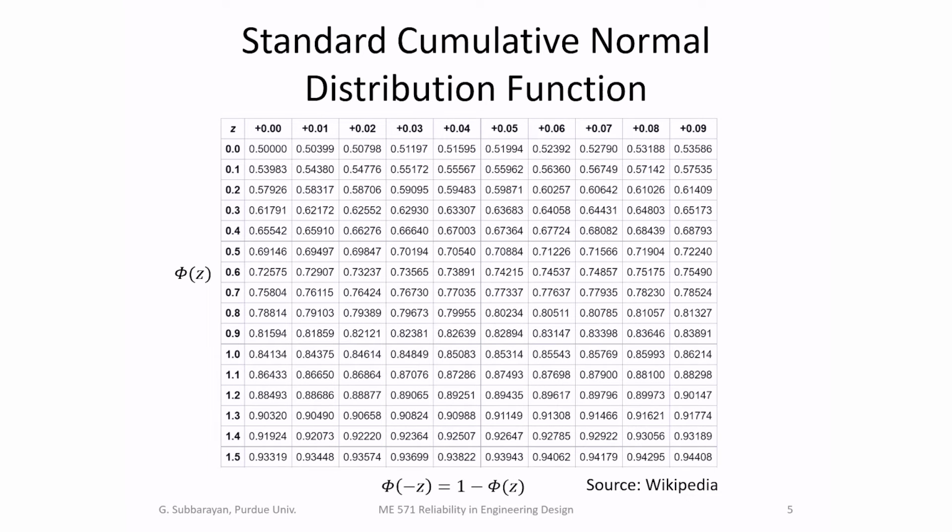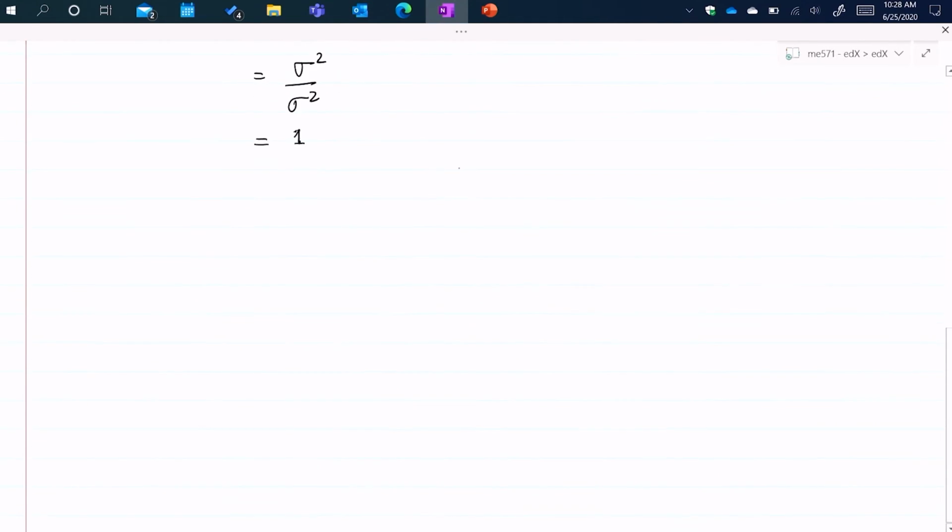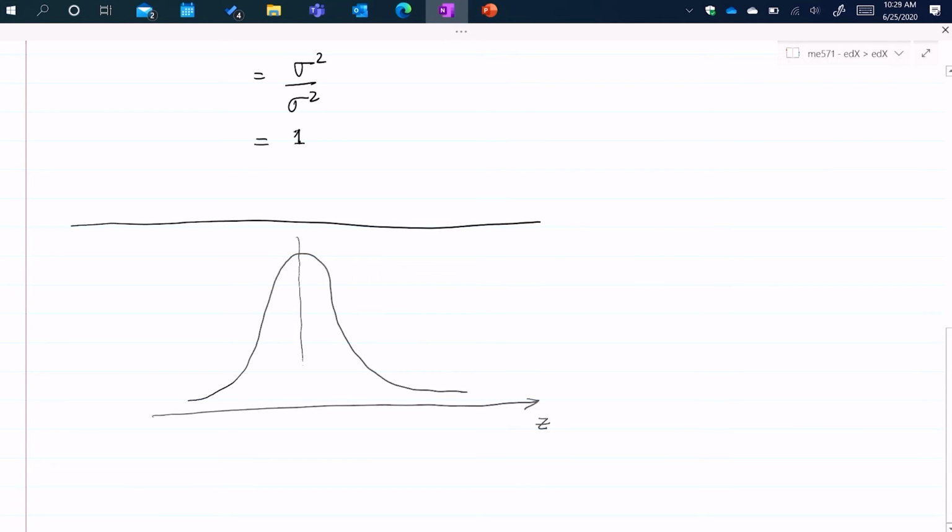I need to explain this pictorially. Since the normal distribution is symmetric, this corresponds to z equal to 0. If I have a negative value, this region here is the same as this region here.